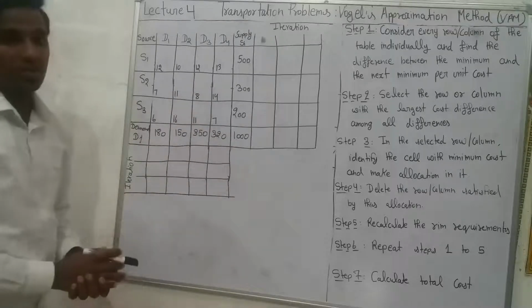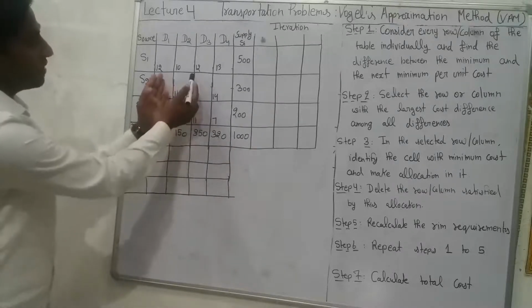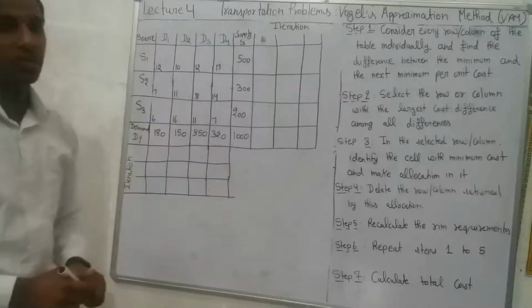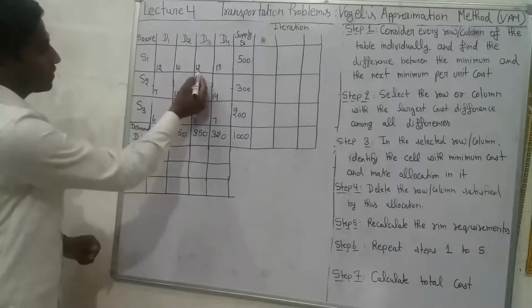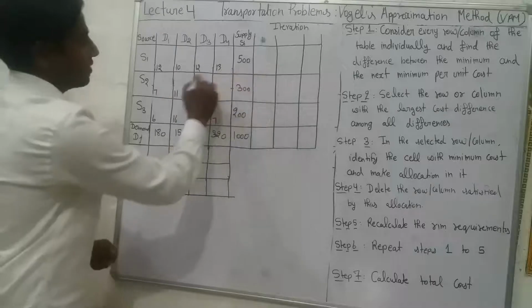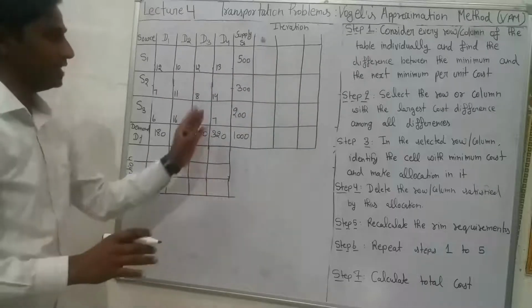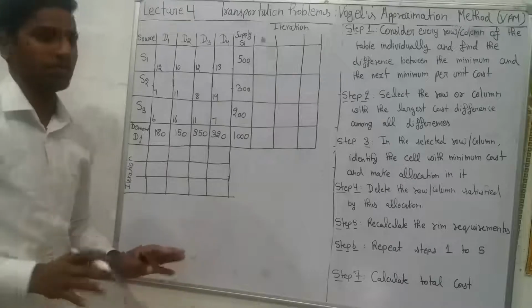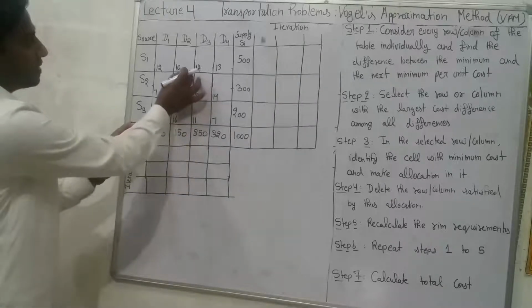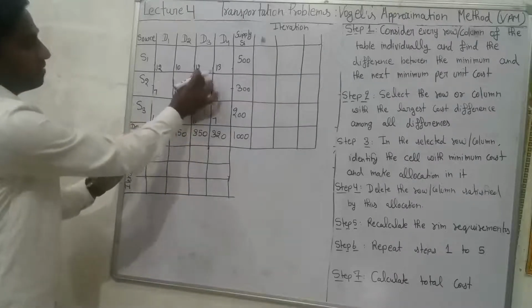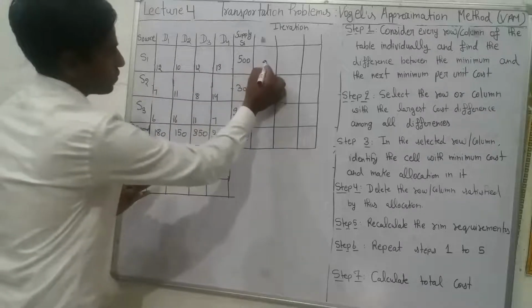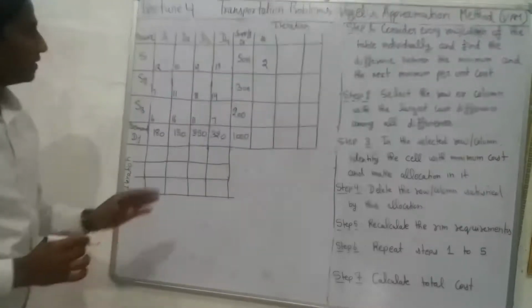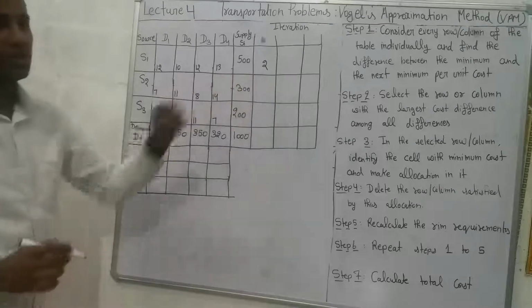We calculate the difference of these two costs, 12 minus 10, taking the absolute value, so we are ignoring the sign of the difference. So the difference between 10 and 12 is 2.